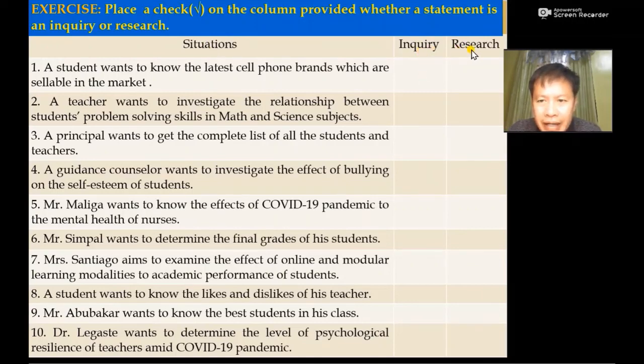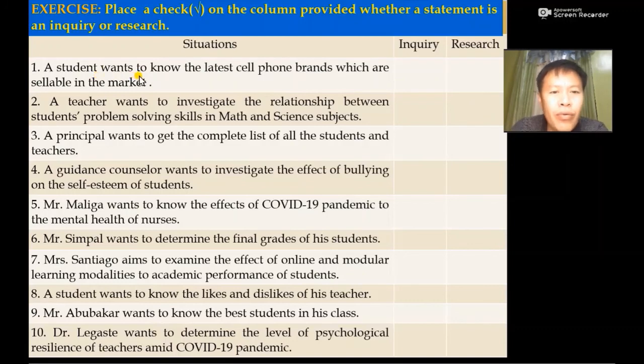The word inquiry and research, give 3 columns in your paper and write the statements in the first column. Then there is a column for inquiry and research, and you're going to put your check here if it is an inquiry, if it undergoes investigation or further examination of the reasons of the occurrence of this particular situation. You're going to have the research. You're going to put your check here in the research column.